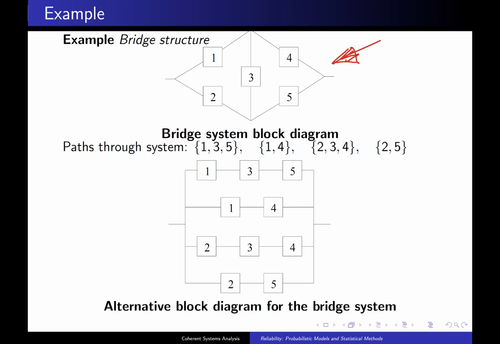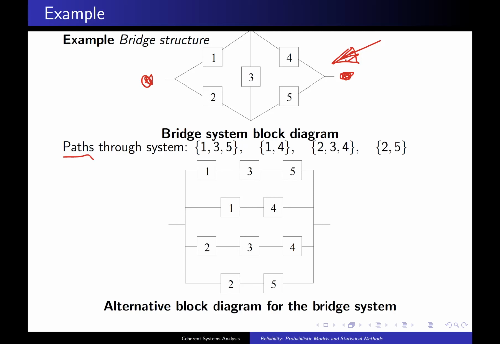If you think about paths that go through the system, components 1, 3, and 5, if you want to start on the left and draw through functioning components and make it to the right, 1, 3, and 5 will get you there. That's a path through 1, then down through 3, then across through 5. Also, the path 1 and 4 will get you from the left to the right. 2, 3, and 4 will also get you from the left to the right.